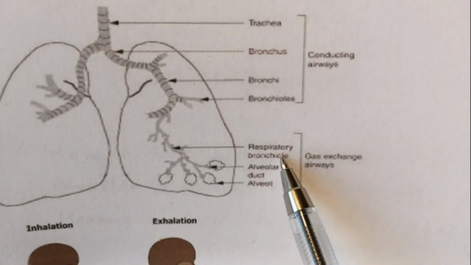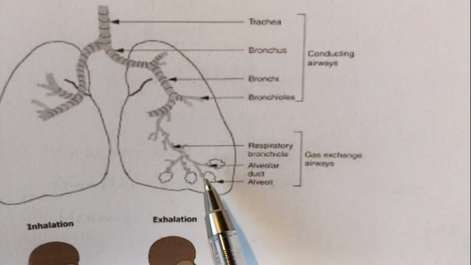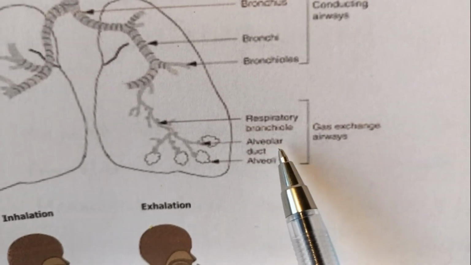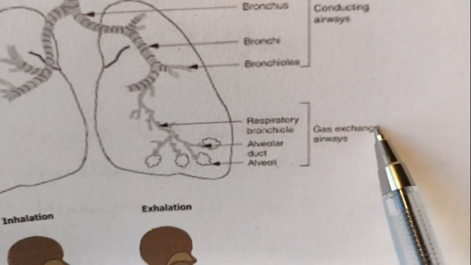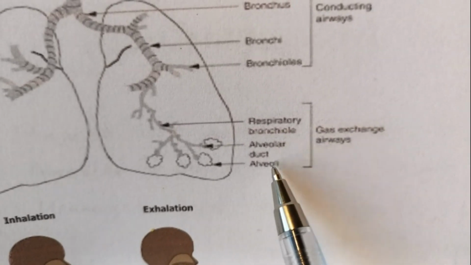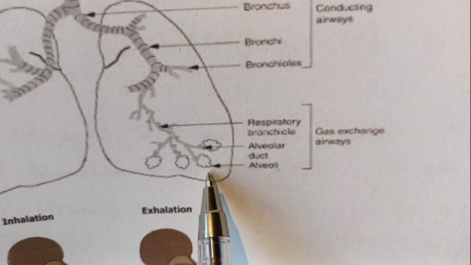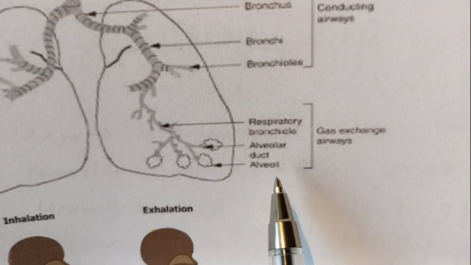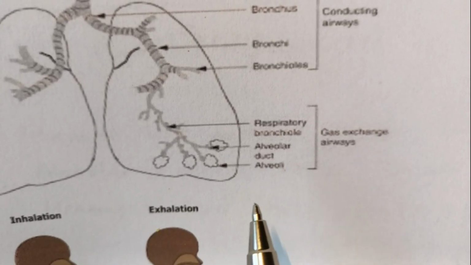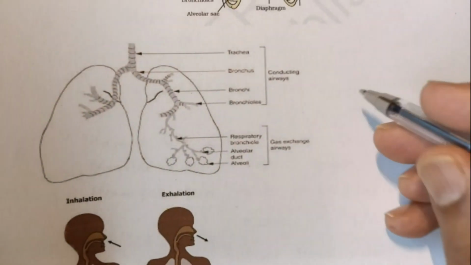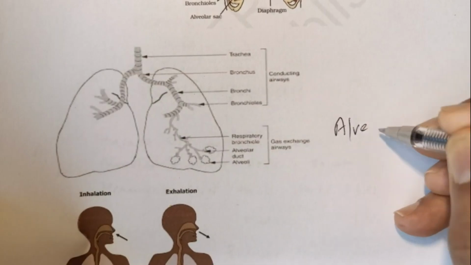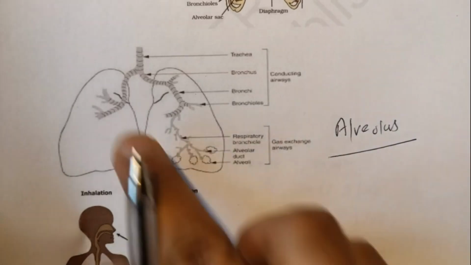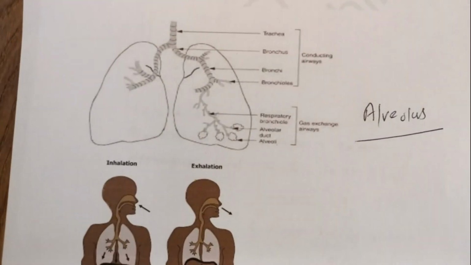The respiratory bronchioles divide, subdivide, and give rise to alveolar ducts. These are small ducts. Remember, these are gas exchange areas. Alveolar ducts have dilated ends called alveoli. Alveoli is plural and alveolus is single. So that is the passage, the airways.